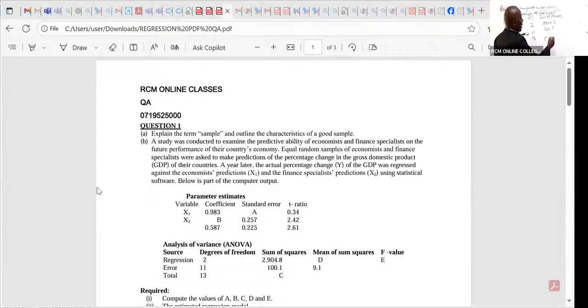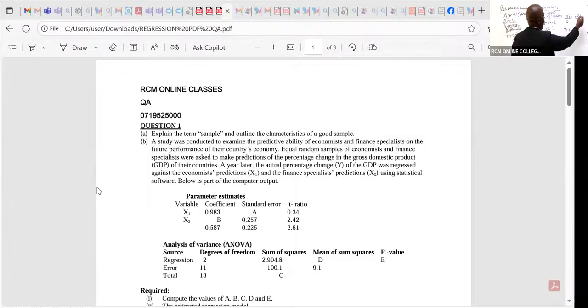We have a C. And then we have what they're calling MSS. MSS stands for mean sum of squares. So the mean sum of squares, I can see D, 9.1. And then I can now see clearly there the F value. F value, we like calling it F ratio.